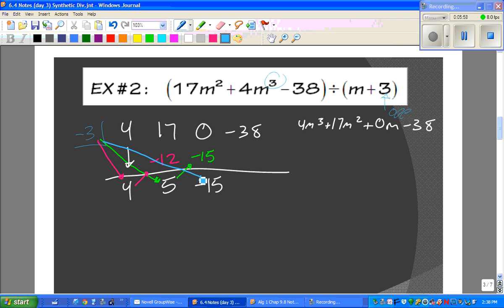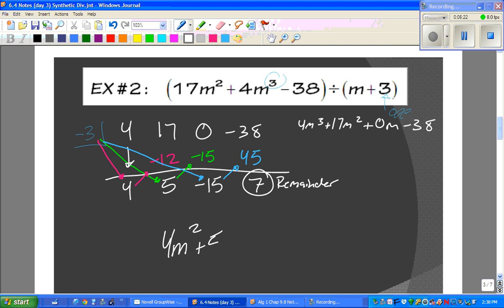And then negative 3 times negative 15 is 45. And now negative 38 plus 45 is 7. And this right here is the remainder.